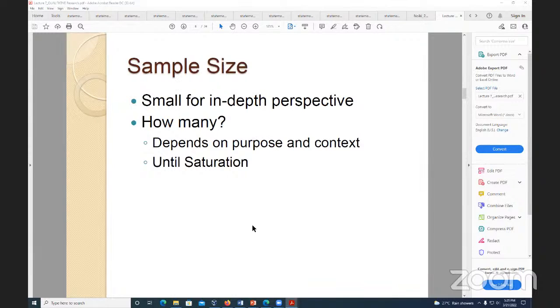Typically, you start with the idea that you're going for 30. That tends to be the rule of thumb. However, you're looking for themes until you find what is called saturation, right? And that saturation could be reached way before the number 30 is reached.